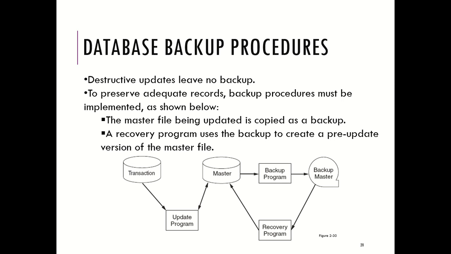For example, we record in our accounting information system, and after we input, the data goes straight to our master file. And then at some point in time, it goes to the backup, but not in real time.